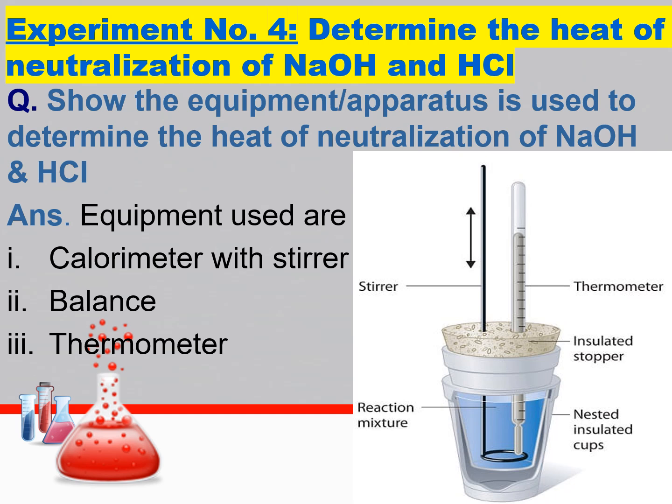So equipments are one calorimeter with a stirrer, balance, thermometer, and even someone may give you the diagram in the exam and you are supposed to label the missing parts.